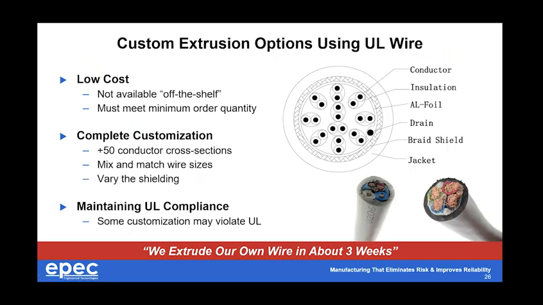In terms of custom extrusion options, really the sky's the limit. And what we mean by that is for the UL pages we showed before that had multi-conductor wires, like UL 2464 or UL 2517, these all can include any number of individual conductors.